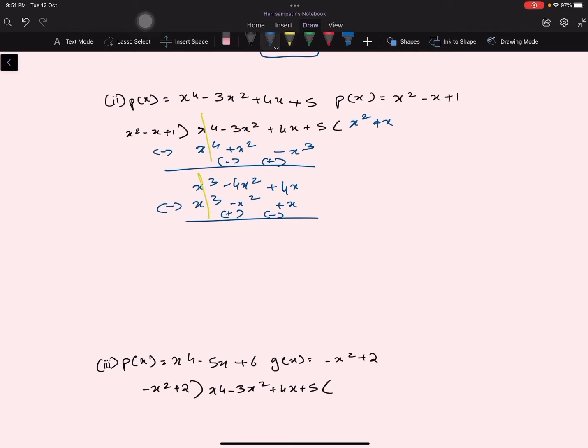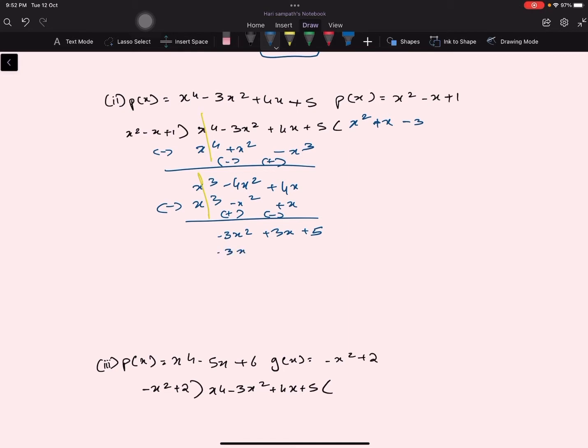We get minus 3x square plus 3x plus 5. I'm going to get this 5 down here. So it's plus 3x plus 5. So I'm going to be multiplying with minus 3 because that's what you're going to multiply x square with in order to get minus 3x square.